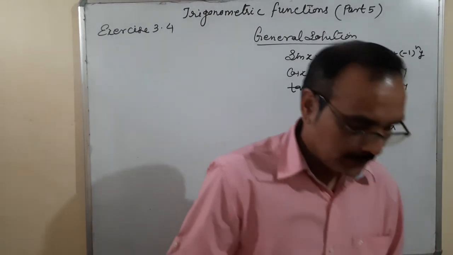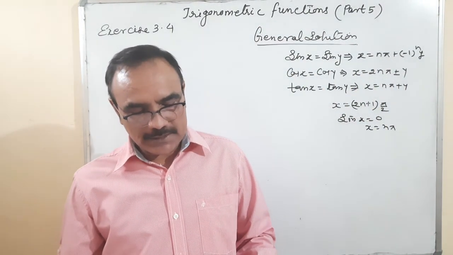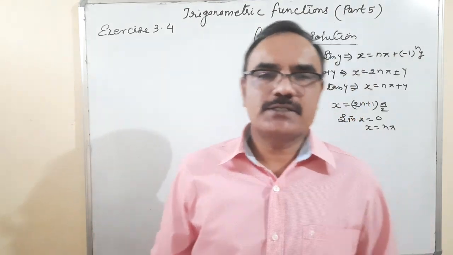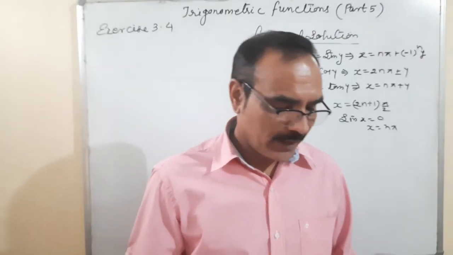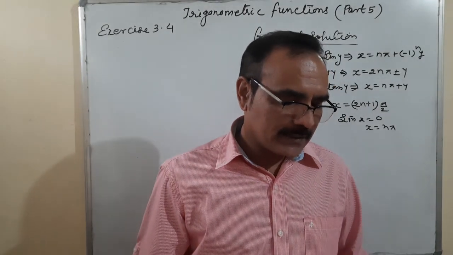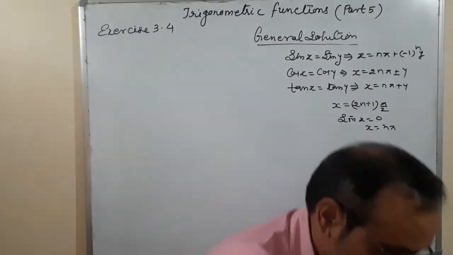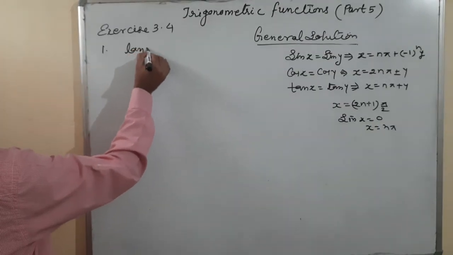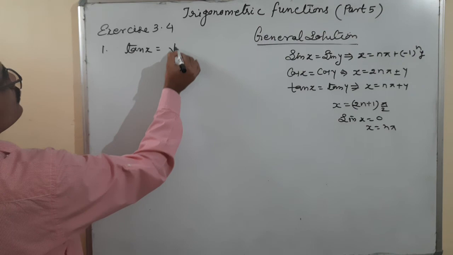In the first part, find the principal and the general solutions of the following equations. First question, tan x is equal to root 3.